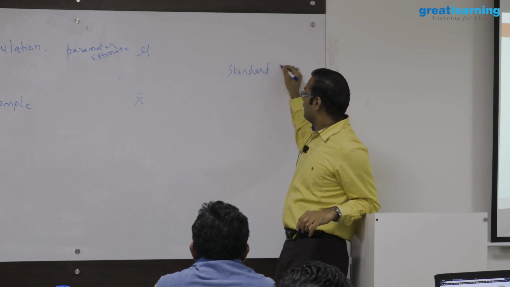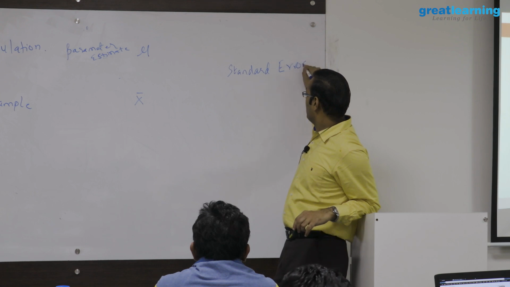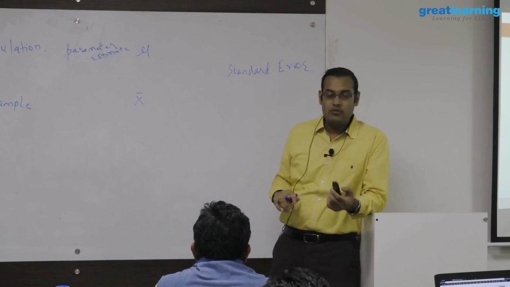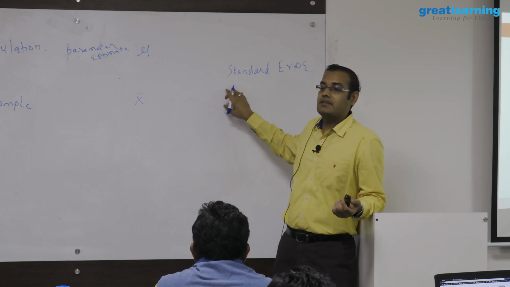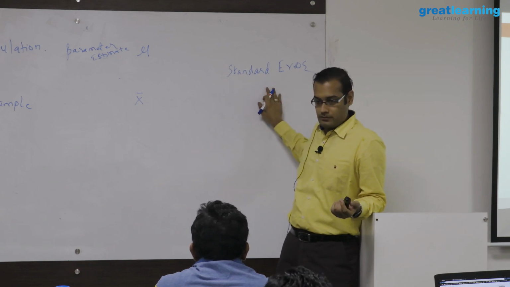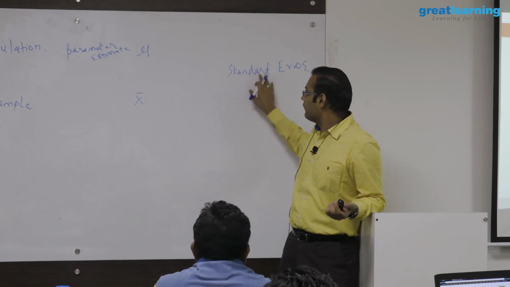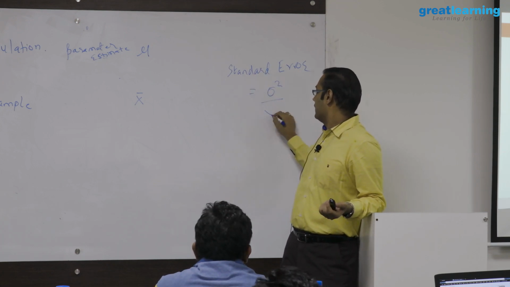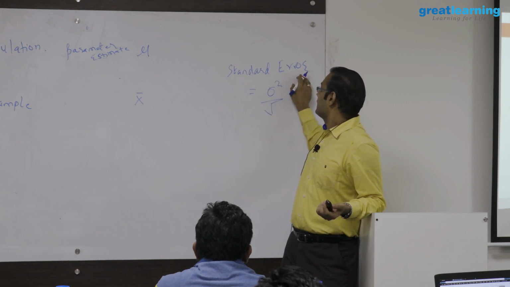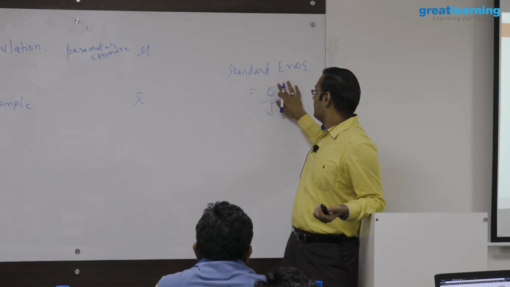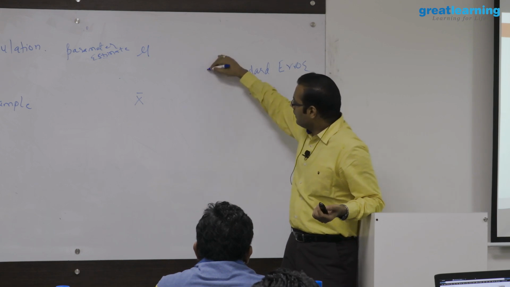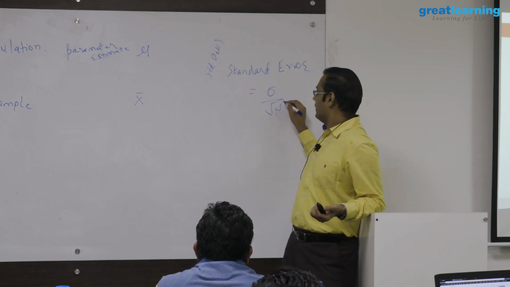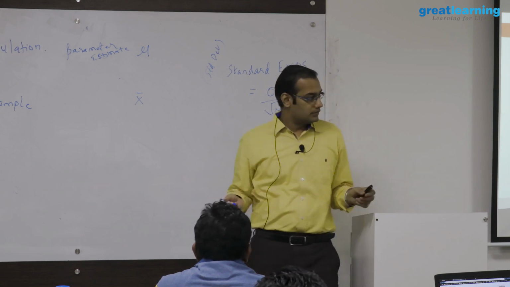If I reduce the standard error, my sampling error will reduce. Standard error is the standard deviation of the sampling distribution. And what is the formula of standard error? In terms of standard deviation, not the variance, it is sigma divided by root n, right?